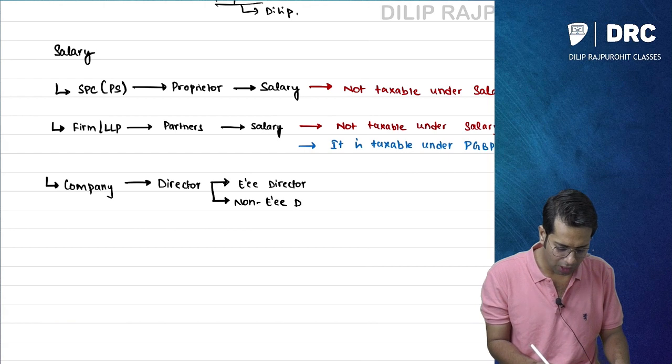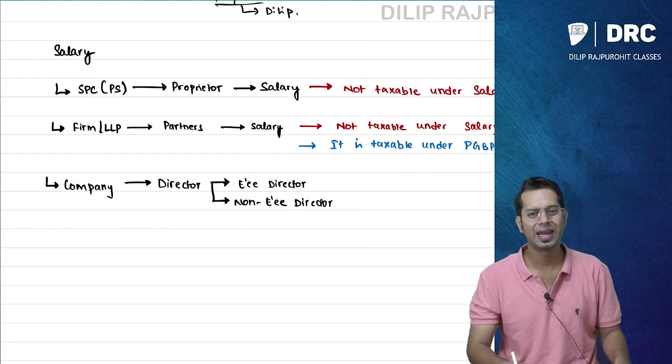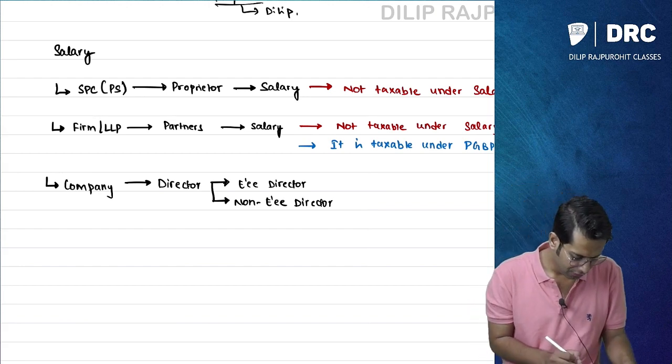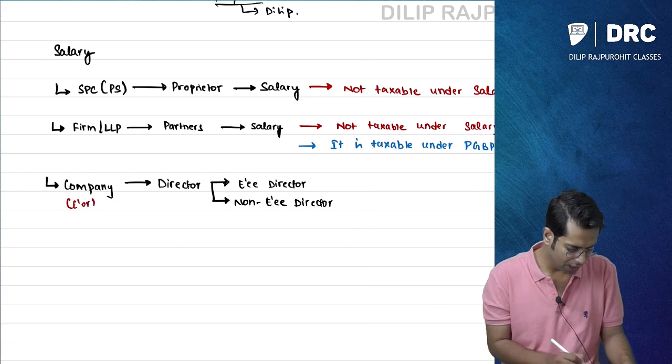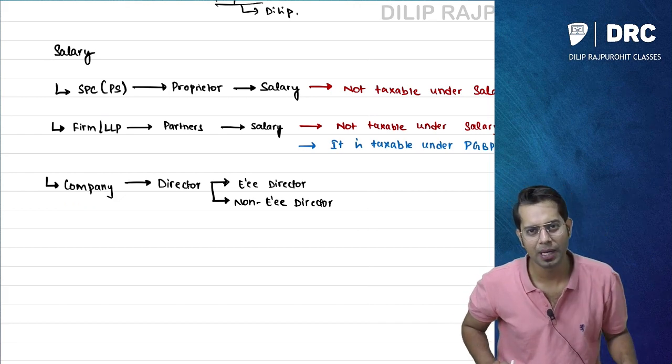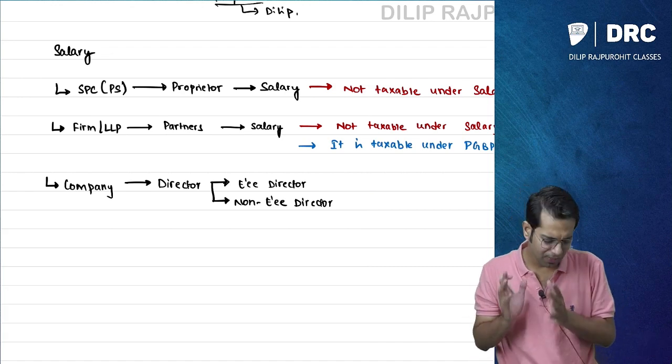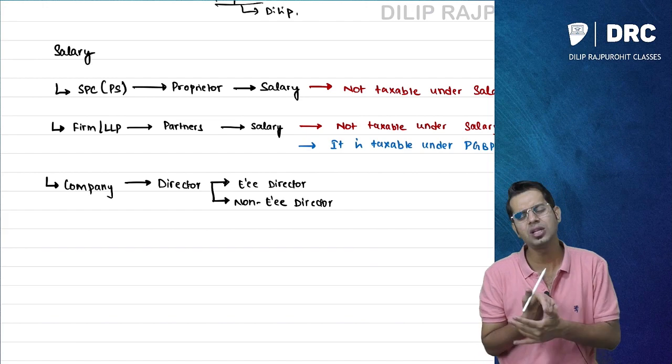If you are an employee director, the company will become your employer. If you are a non-employee director, obviously the company is not your employer. Sir, what is the difference between this?